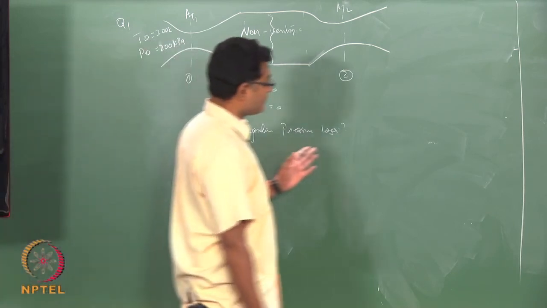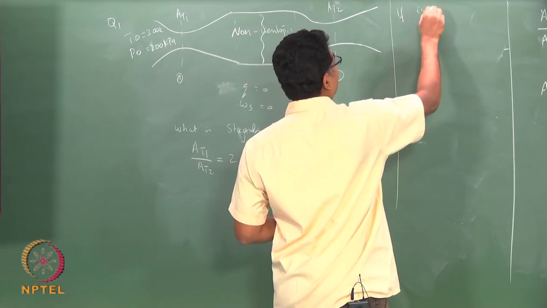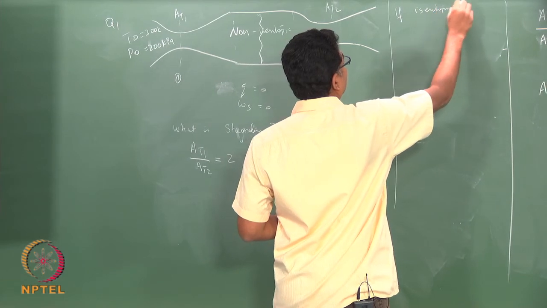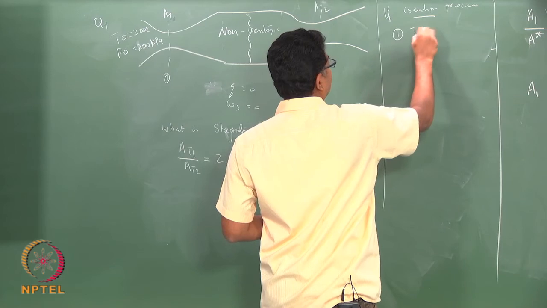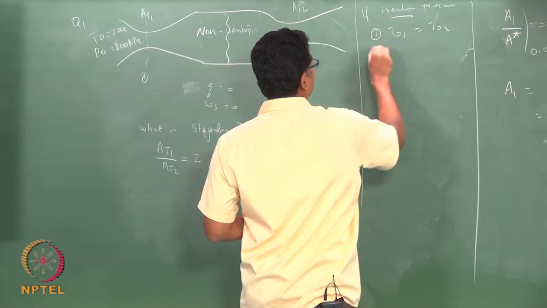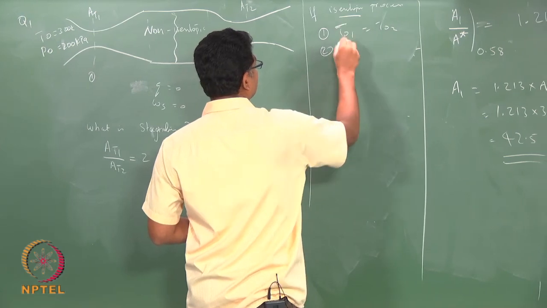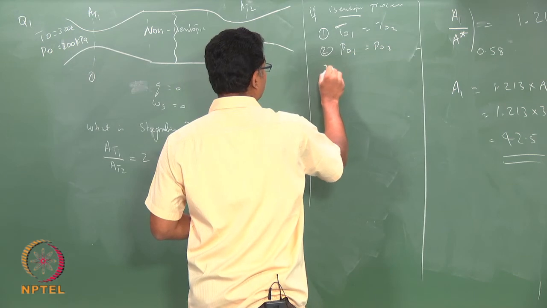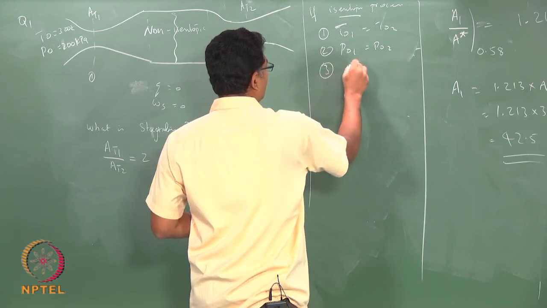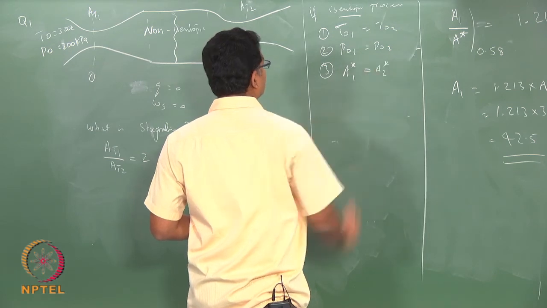If it is an isentropic process, we know T01 equals T02, or T0 stagnation temperature is constant, stagnation pressure is constant, and our A star is constant.